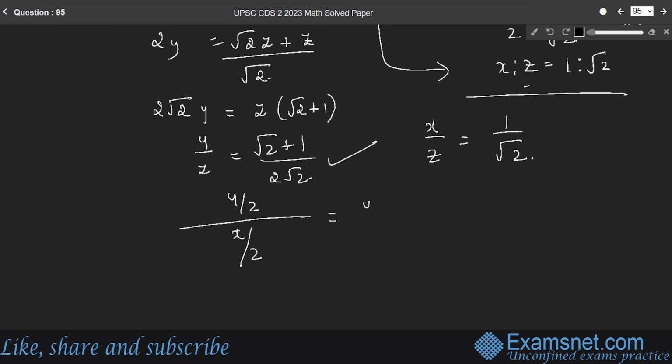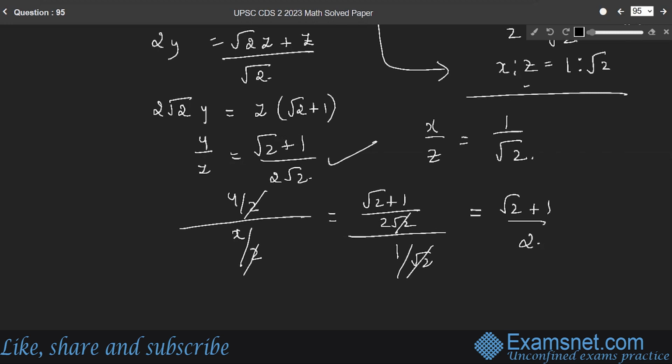So root 2 plus 1 by 2 root 2 by 1 by root 2. Root 2 and root 2 will get cancelled. Here z and z will get cancelled. Therefore, we have root 2 plus 1 by 2 is the ratio of y to x.